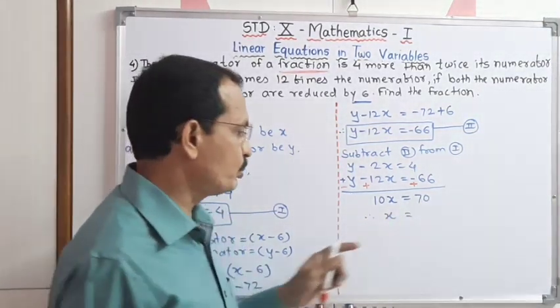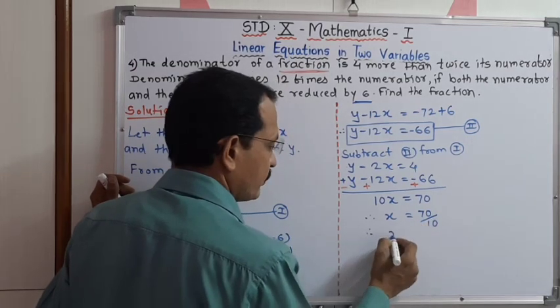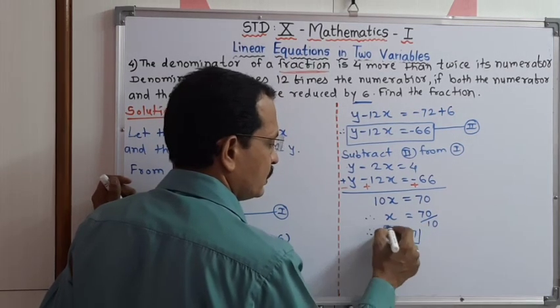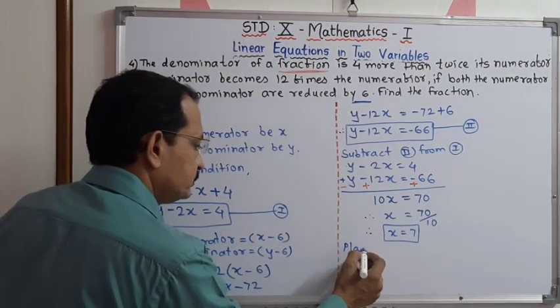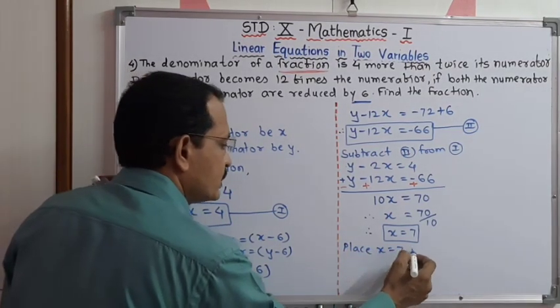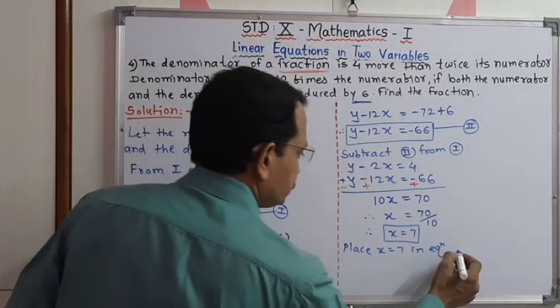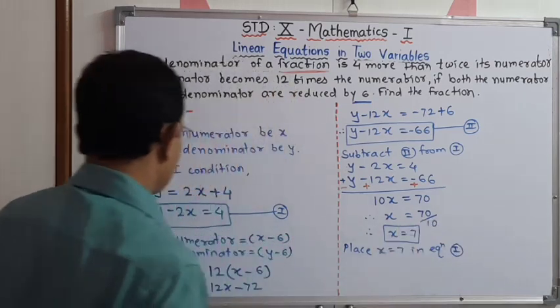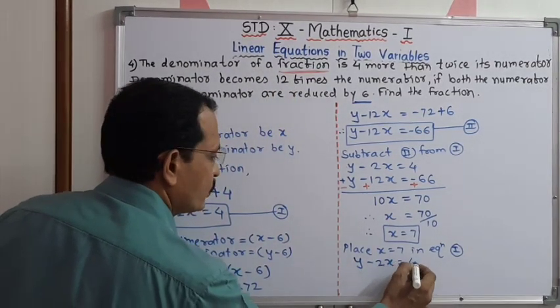Divide by 10 on both sides, it is 70 upon 10. Therefore x is equal to 7. Now place x is equal to 7 in equation first or second, any equation we can try. Here it is y minus 2x is equal to 4.